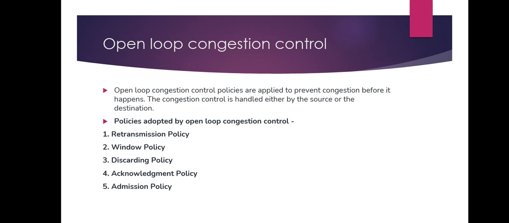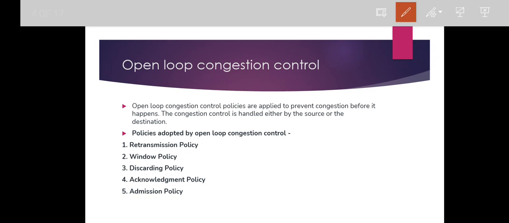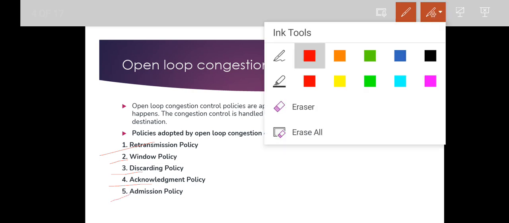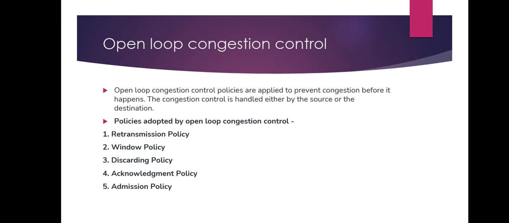It mainly focuses on managing the flow of data at the source and destination rather than reacting to congestion after it happens. There are different policies, like transmission policy, window policy, discarding policy, acknowledgement policy and admission policy. Let's see them in detail.